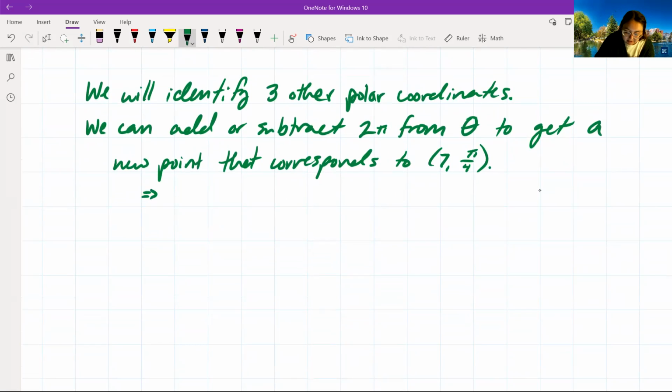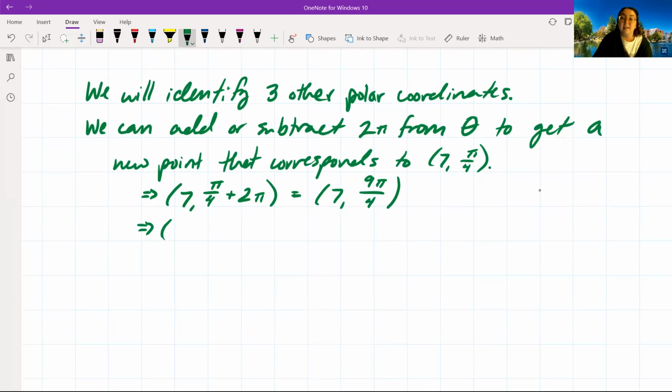So this means that we now take 7 pi over 4 and we add 2 pi. Simplifying this down, 7 pi over 4 plus 2 pi is the same thing as saying pi over 4 plus 8 pi over 4. So we get 7, 9 pi over 4. Then we can also focus on subtracting 2 pi as well as adding 2 pi.